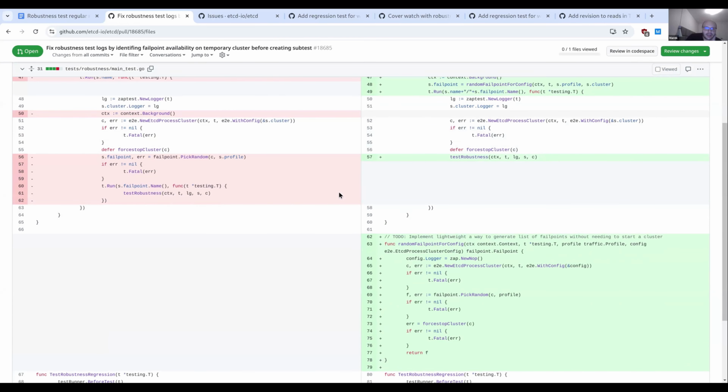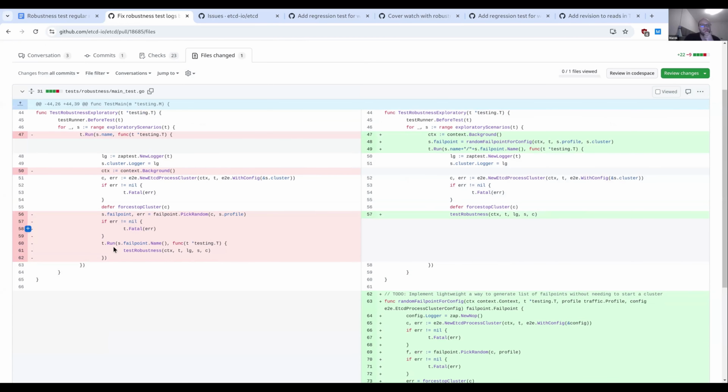The idea that I had is that the logs are broken because when we first create a subtest for some scenario, and then we create a cluster, for this cluster we generate some random fail point, and we add this fail point name to the test. But this is basically creating a subtest. So we have three layers of subtesting.